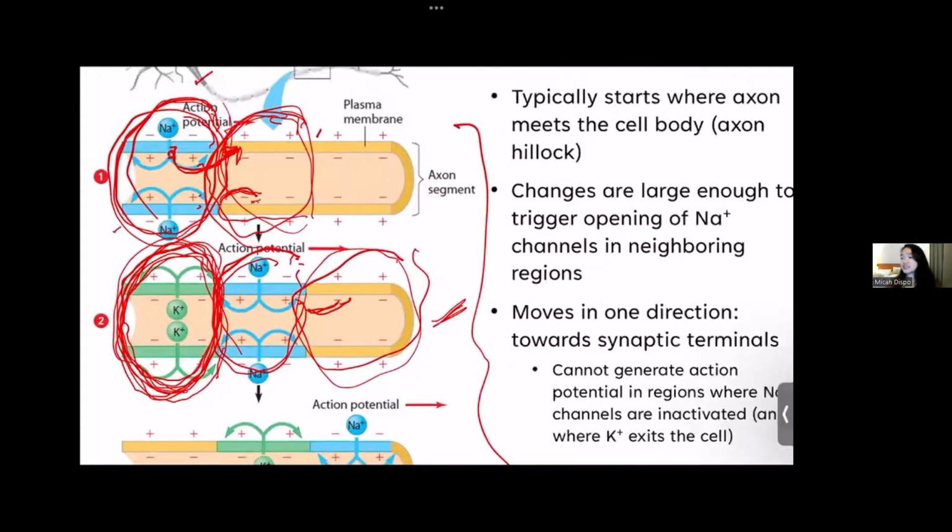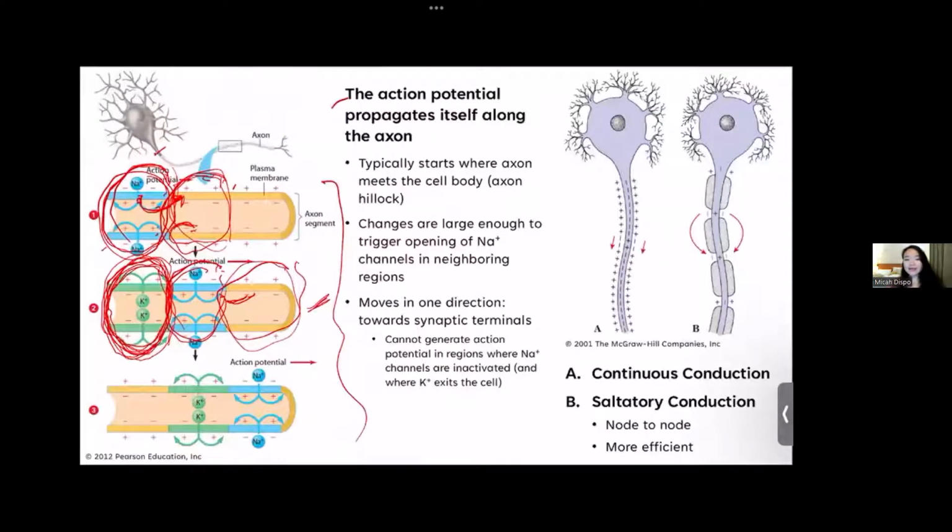Now, the action potential can be propagated in different ways. So one is through continuous conduction, and this occurs when the neuron is unmyelinated. All right. So this unmyelinated neuron is present in some invertebrates. So what happens in continuous conduction is that the action potential spreads continuously, walang interruptions, walang gaps. And this is actually quite slow.